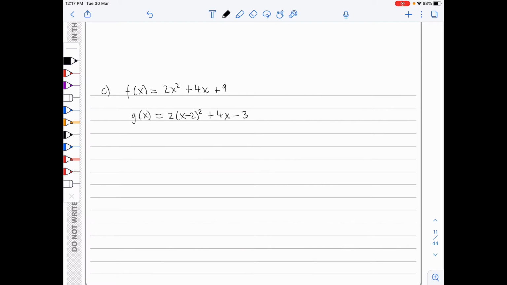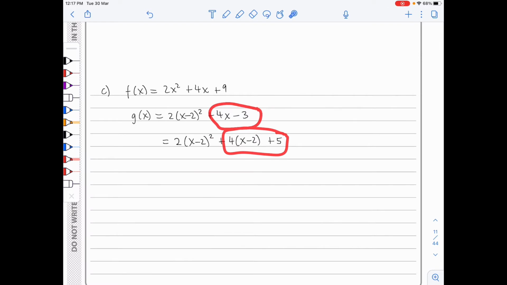So it would be actually great if we managed to get the x minus 2 here as well. So I'm just going to say this is 2(x minus 2) squared plus 4(x minus 2), which is introducing an extra minus 8. So if I put a plus 5 here, I will be getting an overall minus 3.